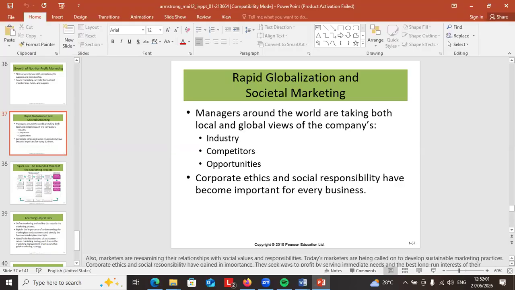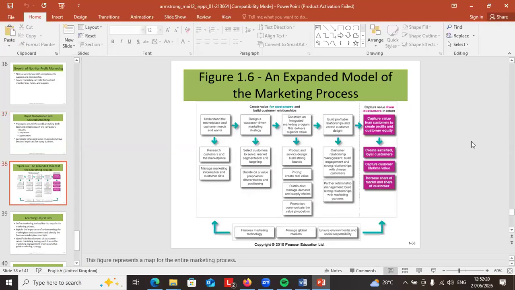Corporate ethics and social responsibility have also gained in importance. They seek ways to actually profit by serving the immediate needs and the best long-run interest of their current and prospective customers. So this is an expanded model of the marketing process.